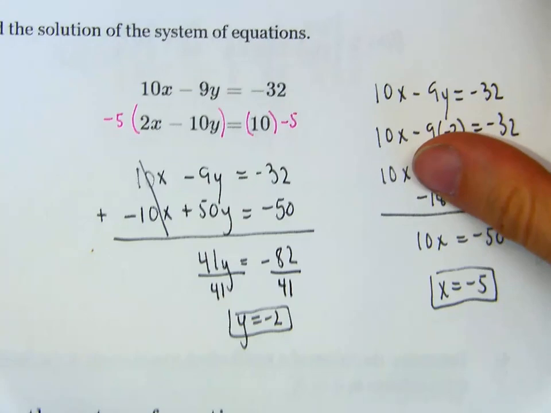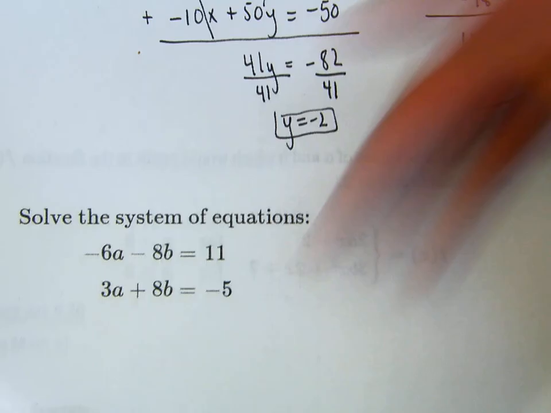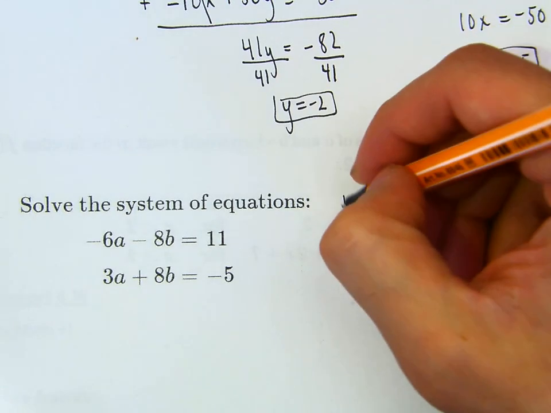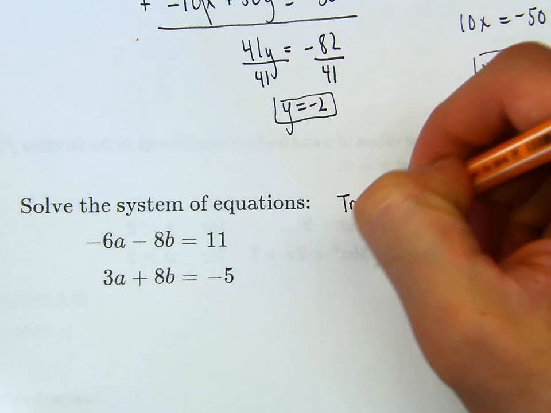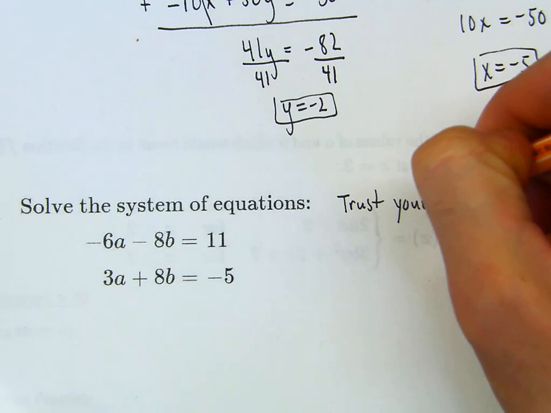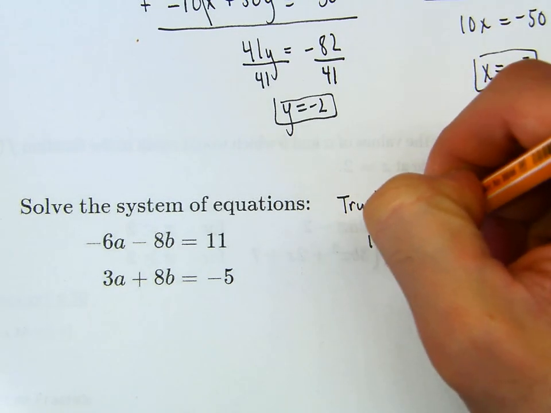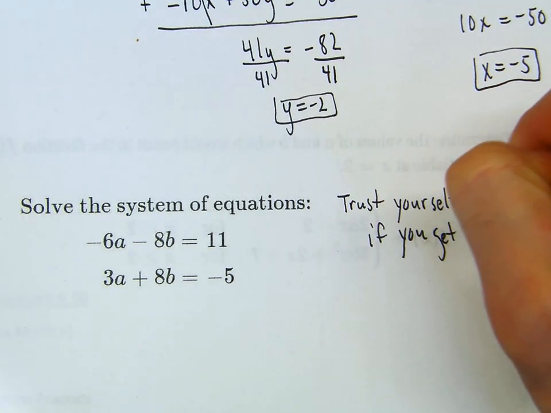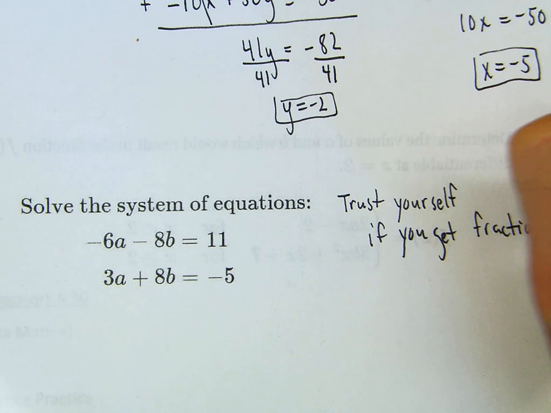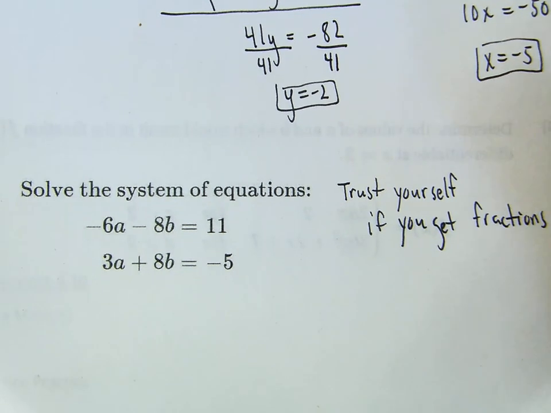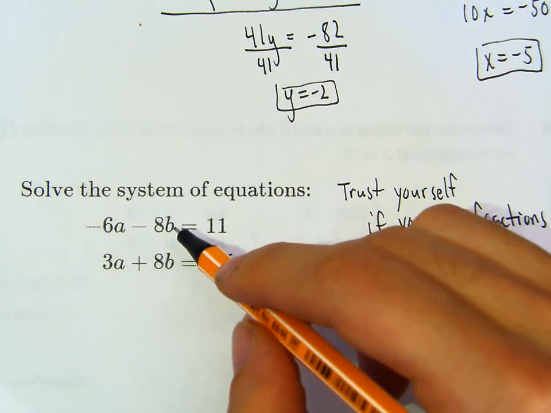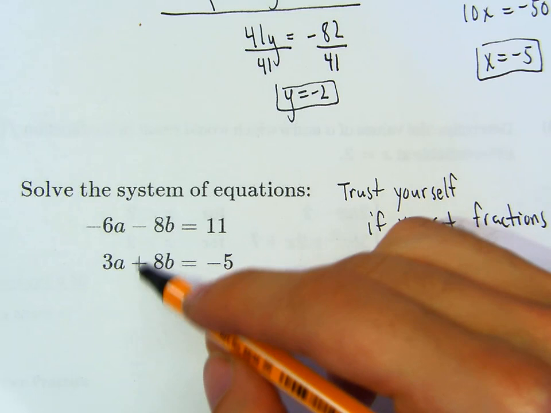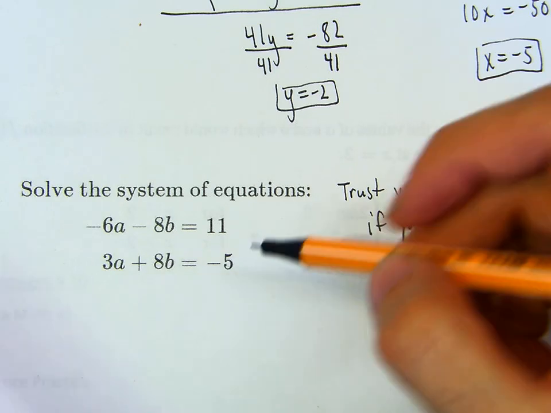Cool. Try this one as well, and if you're doing this problem, trust yourself if you get fractions. Okay, let's take a look here. You have negative 6a minus 8b equals 11, and 3a plus 8b equals negative 5.